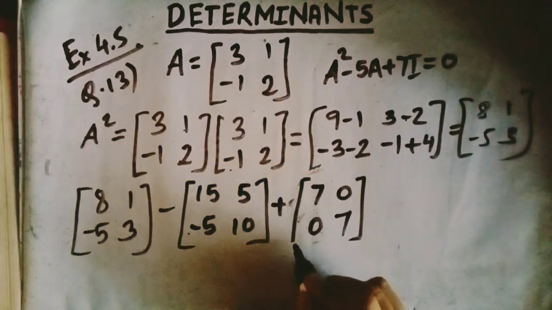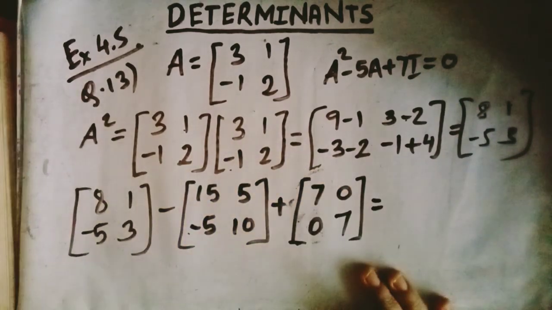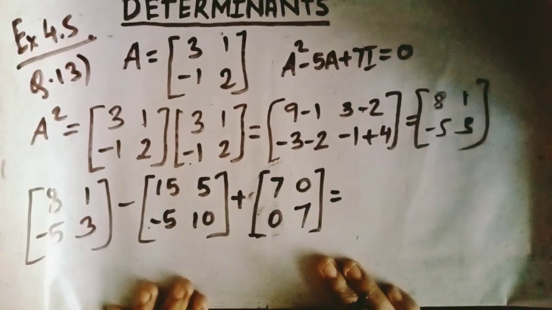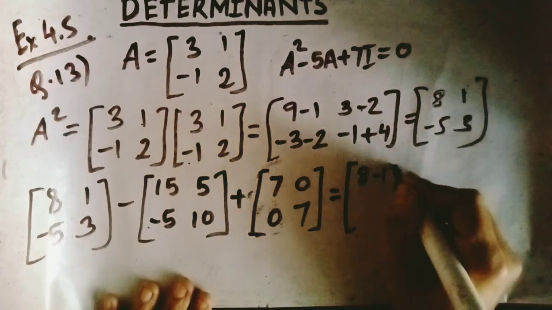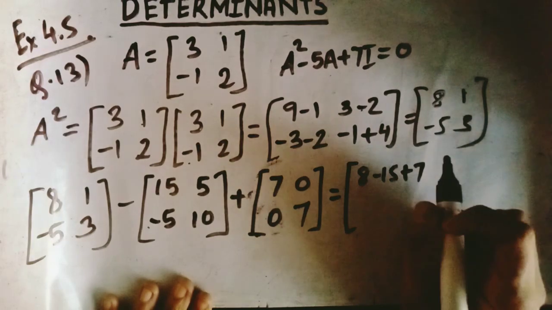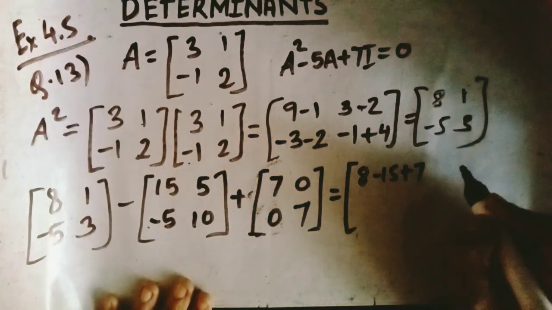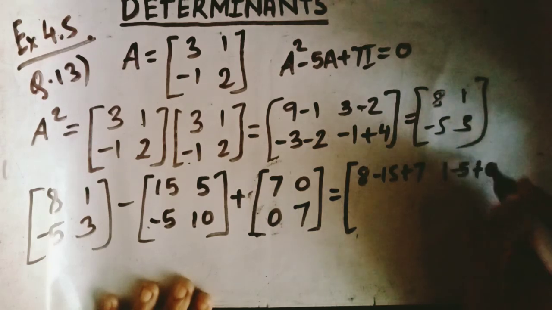With the identity matrix you have to multiply. So this will be 8 minus 15 plus 7, then 1 minus 5 plus 0.